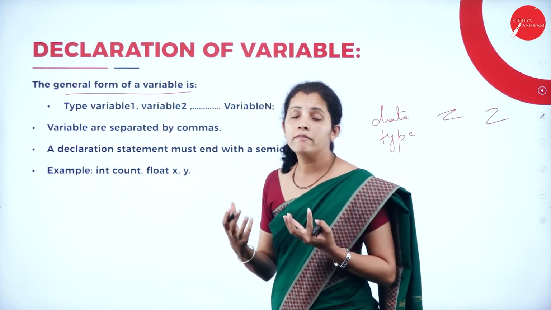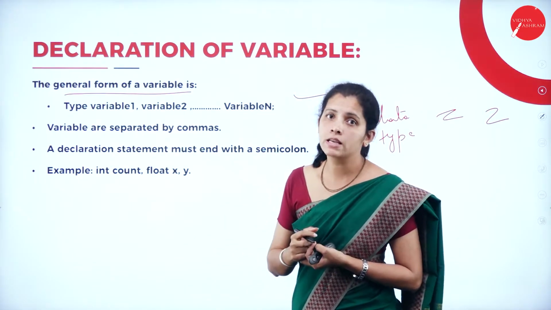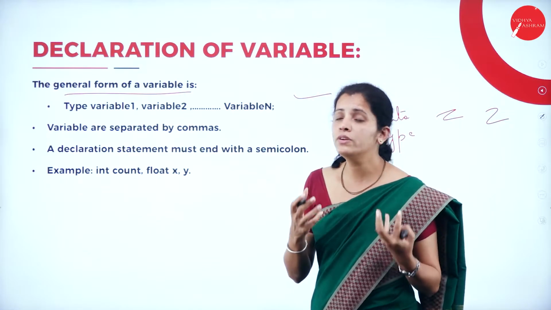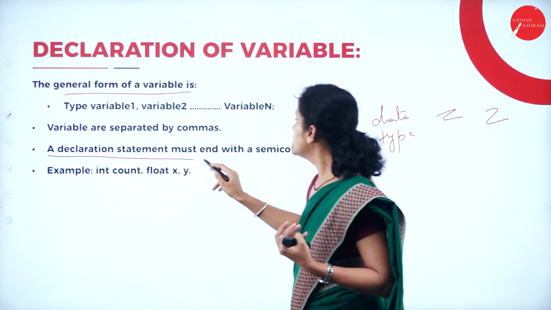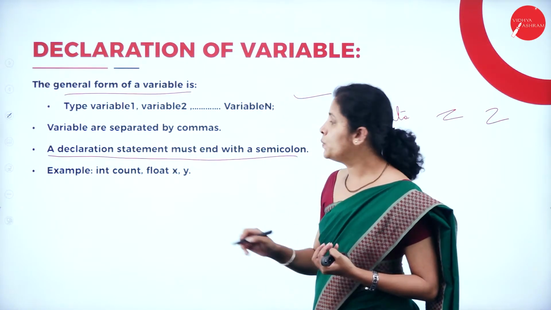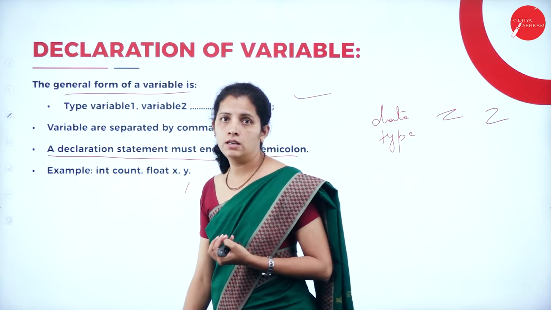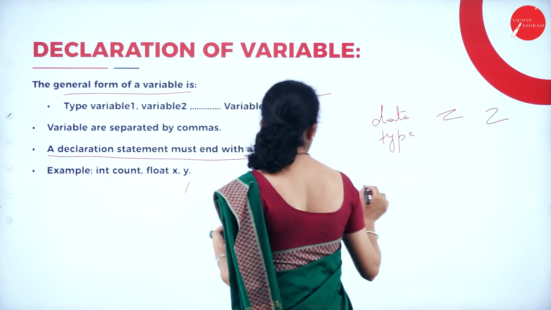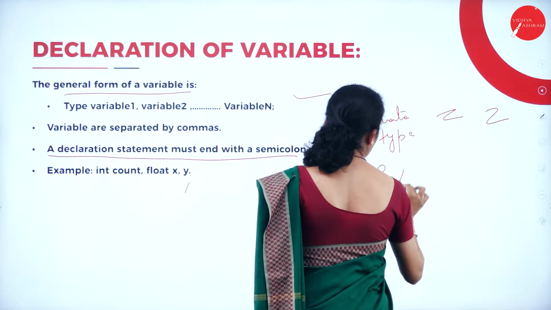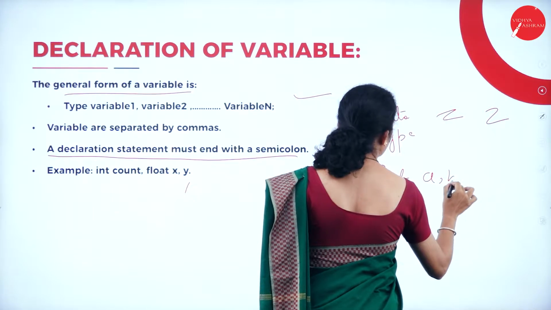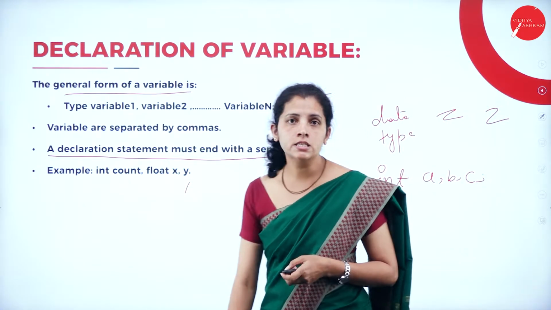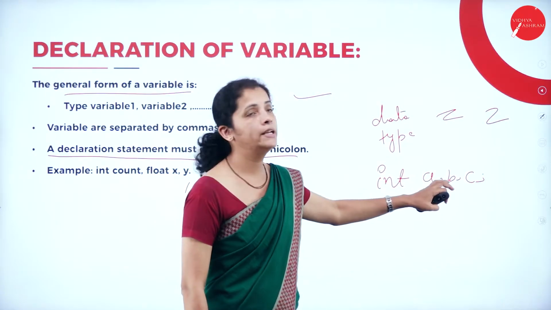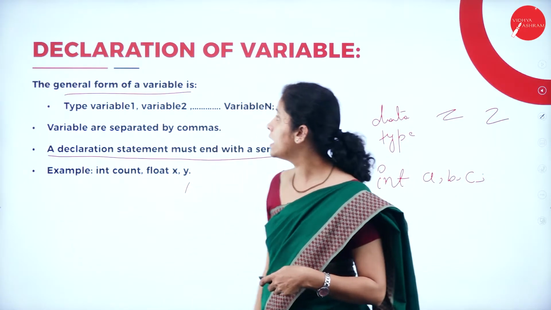So if I'm having more than one variable in my program, then how to differentiate? I'm going to use the comma. A declaration statement must end with the semicolon. So if I write any declaration statement, for example, int a comma b comma c, it must end with the semicolon in order to indicate this is the end of the line.